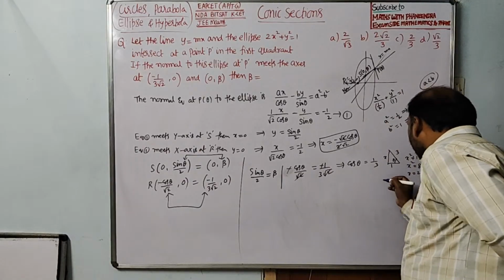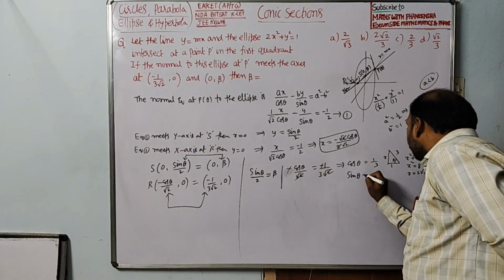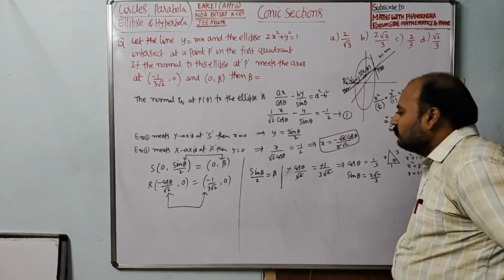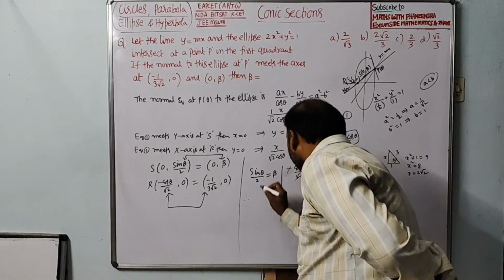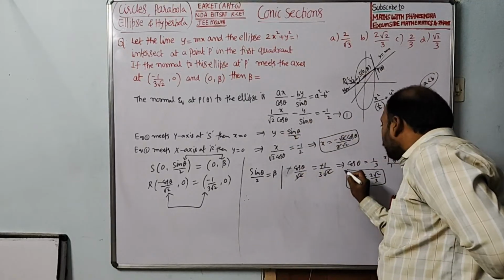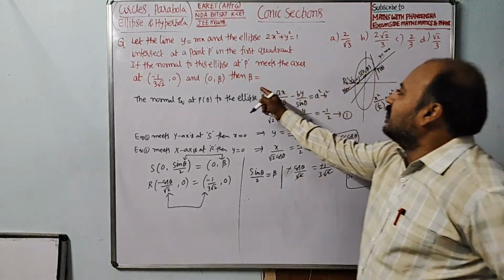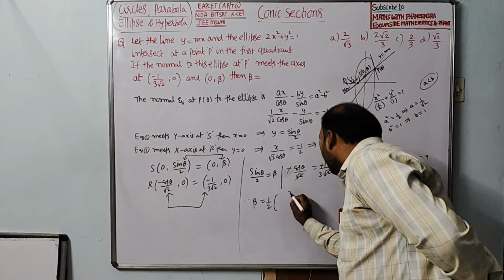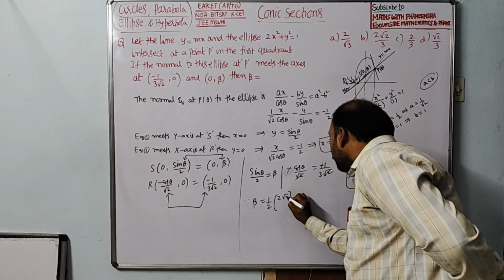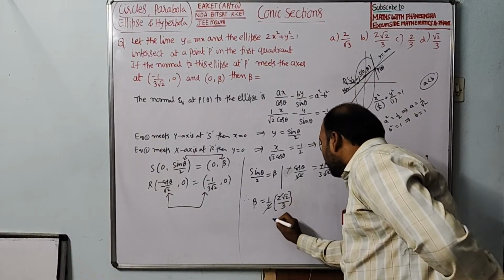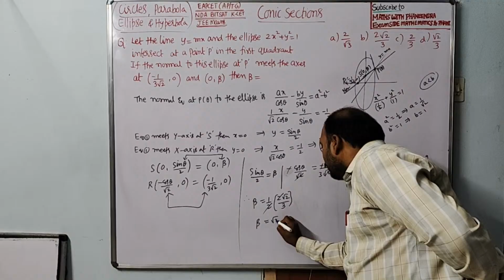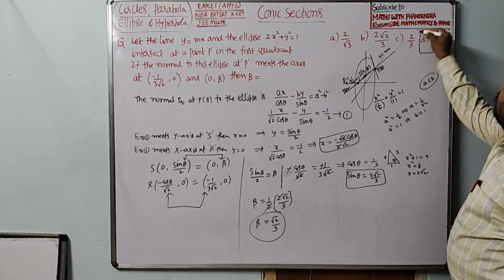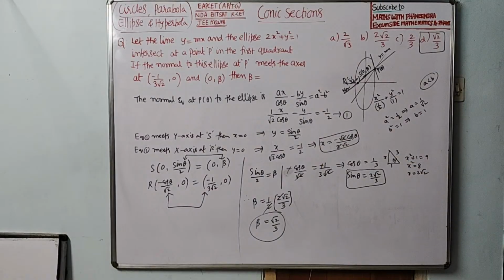So sine theta is equal to 2 root 2 by 3. Therefore, this sine theta value substituted in this, you will get beta value. They are asking beta now. So beta equal to 1 by 2 sine theta. Sine theta is 2 root 2 divided by 3. 2 gets cancelled. Beta equal to root 2 by 3. So root 2 by 3 is there in the fourth option, dear students. I hope you understand.